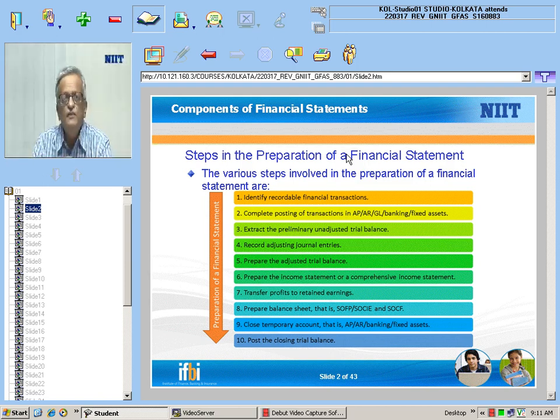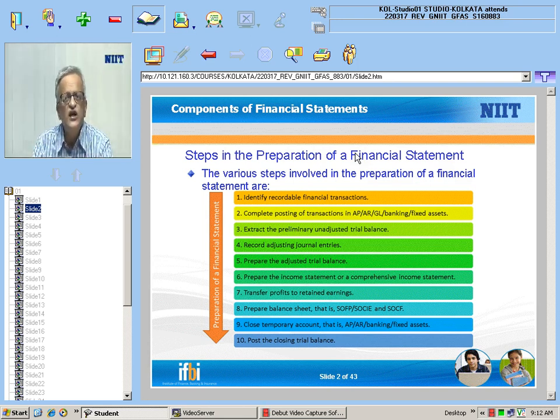Number 5, prepare the adjusted trial balance. Number 6, prepare the income statement or comprehensive income statement. Number 7, transfer profit to the retained earnings. Number 8, prepare the balance sheet, that is SOFP, SOCIE and SOCF.